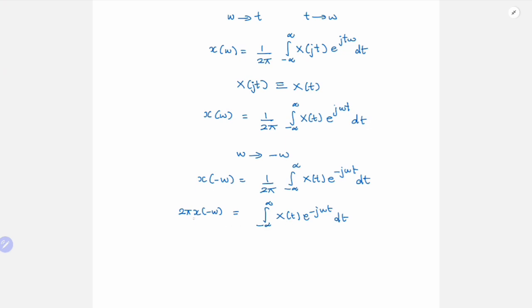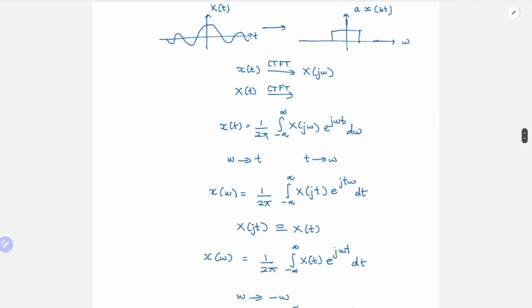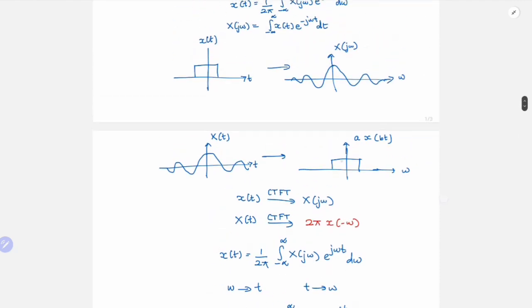So what is my Fourier transform of x of t? It is nothing but 2 pi x of minus omega. So that is what I'll write here: 2 pi x of minus omega. So whatever is transforming from here to here, it will be nothing but 2 pi into x of minus omega.